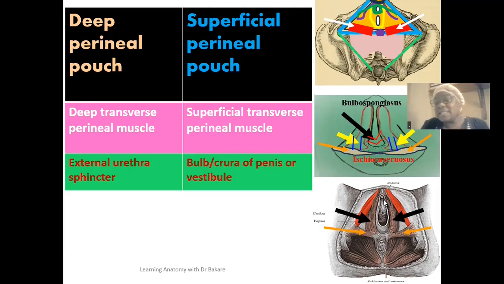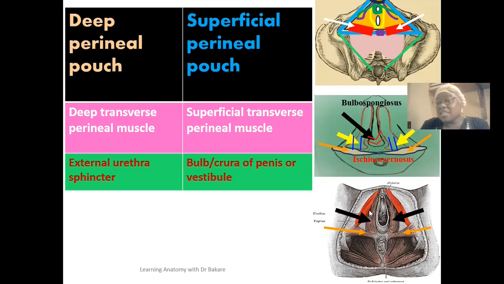So you see this separation created around the bulb of the vestibule, and this separation is to create an opening for the urethra and also the vaginal canal. In male, we do not have this presentation, so there is no need for splitting the bulb of the penis to create an opening at this point. But in the female, this opening is created.